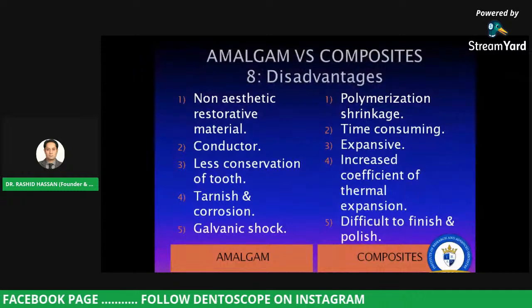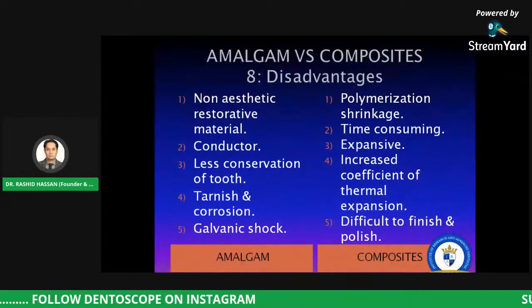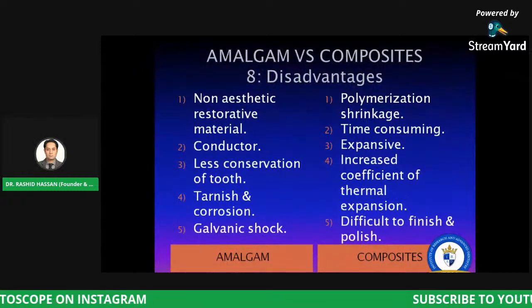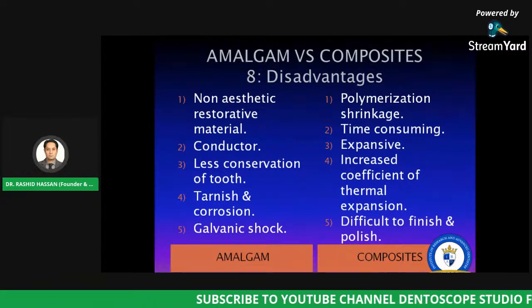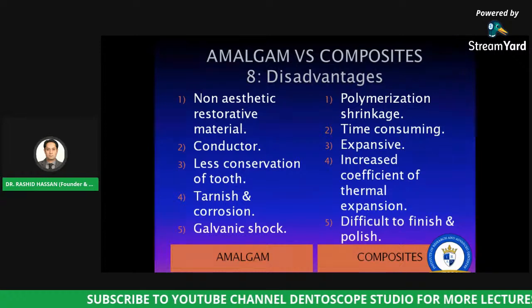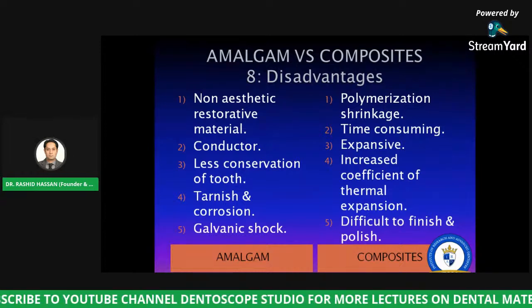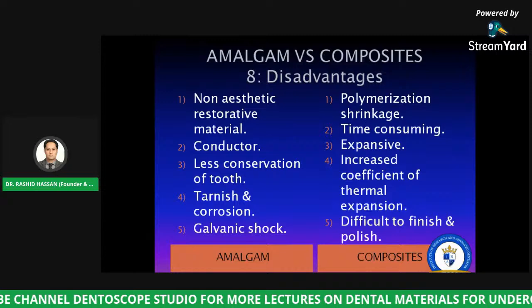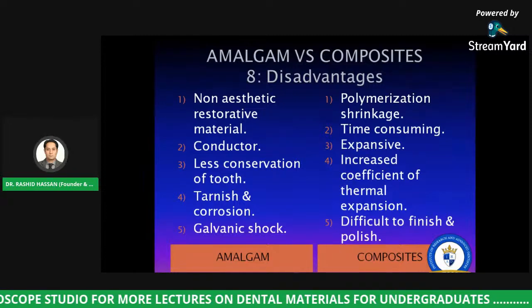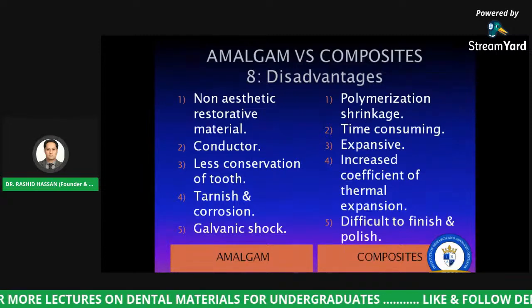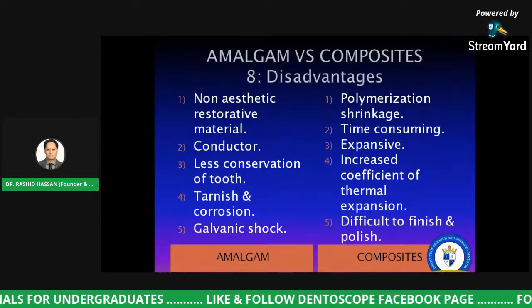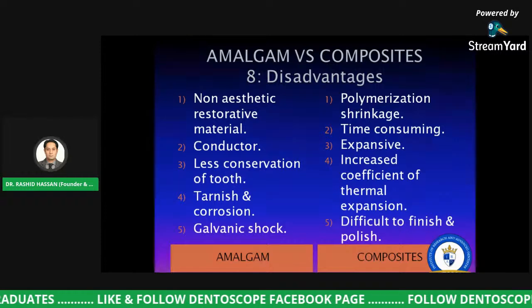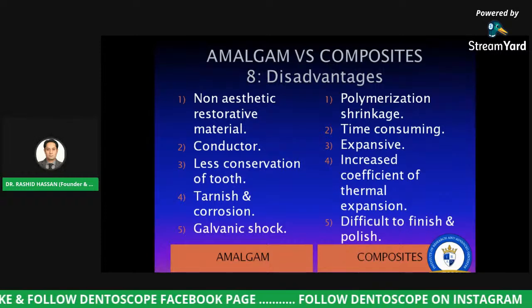How? If you remember from your previous knowledge about the galvanic cell, one metal is a cathode, the other metal is an anode, and there is a conductor medium, which is water, for the passage of the electric current. So here in the oral cavity, one metal becomes an anode, the other a cathode, and saliva acts as the medium for the transmission of the electric current.